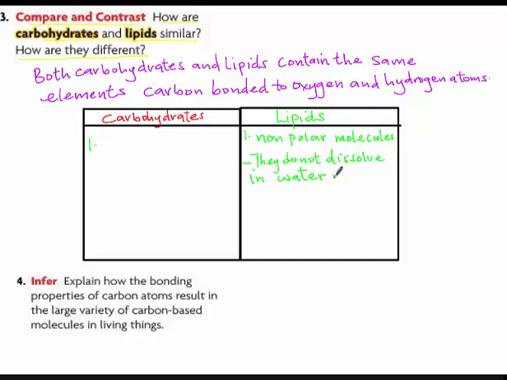They are made of glycerol and fatty acids.